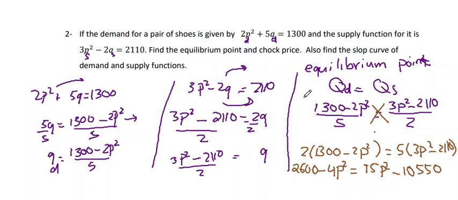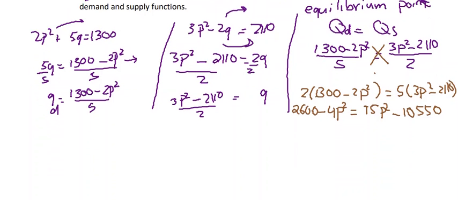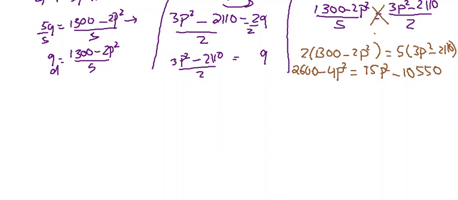Okay, now as this is a quadratic equation, to solve a quadratic equation to find the price, it should be equal to 0. So you will transfer it all to one side. So you will say that 2,600 plus 550 minus 4p square minus 15p square is equal to 0.